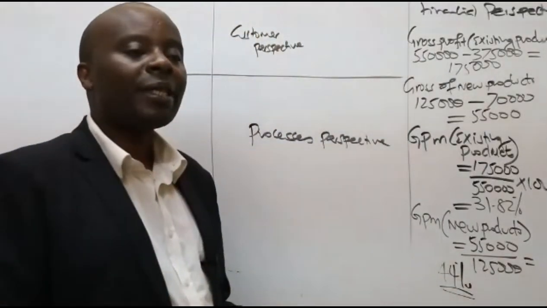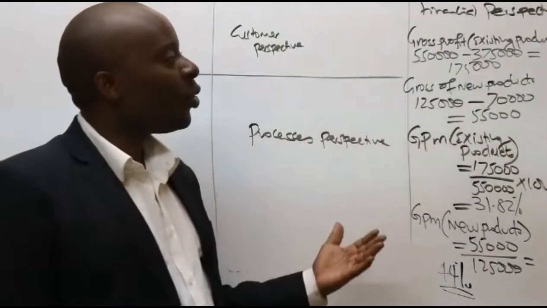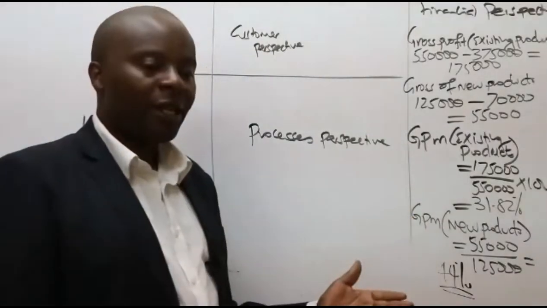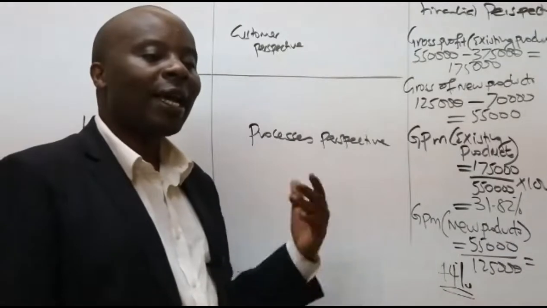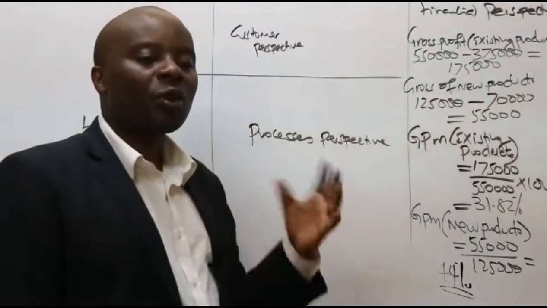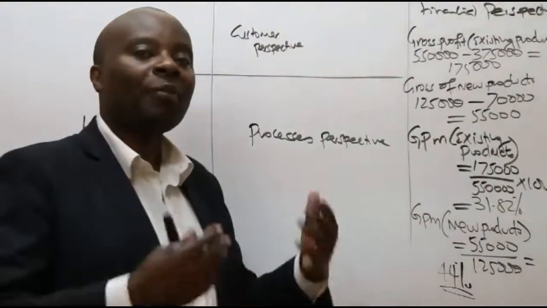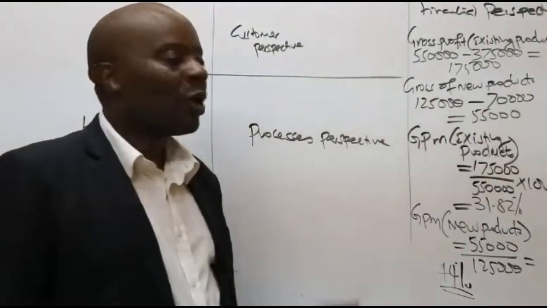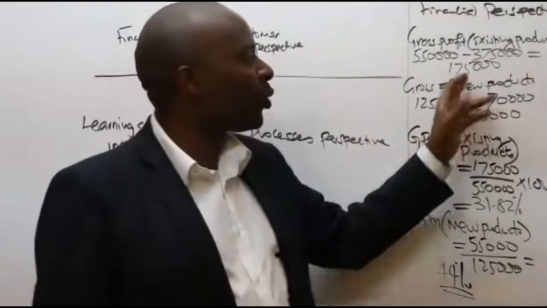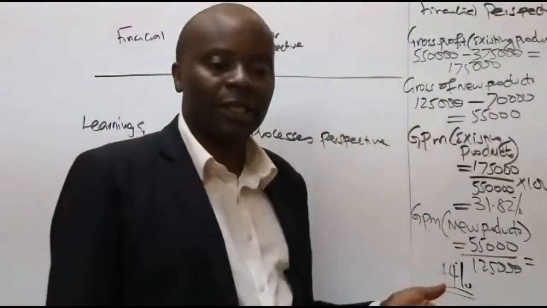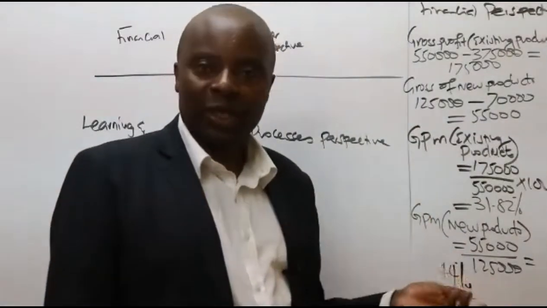And again, remember, in such a question, there is no hard rule. Someone else would have even gone ahead and calculated for us the gross profit margin of the entire company. We would have taken the two profits together, divided by the total sales. Still, that is a measure.